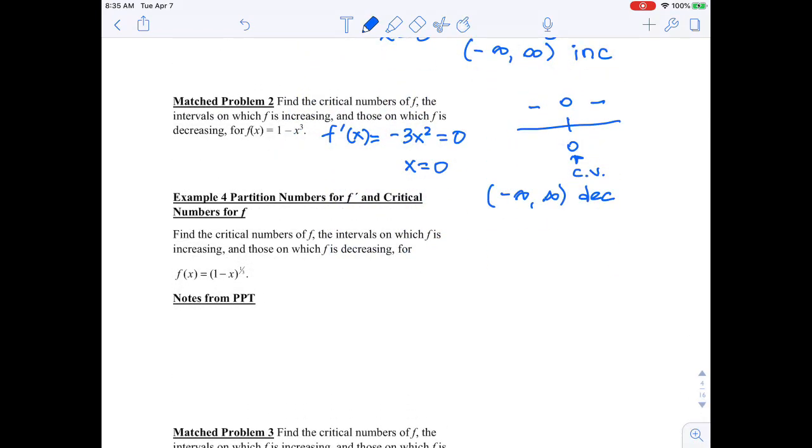Okay, example 4. Find the critical numbers of f, the intervals on which f is increasing and those on which f is decreasing. So we need to take the derivative. Let's first look at the domain. The domain is all real numbers, because it is a third root, so we can have negatives. So let's find the first derivative, and we have to do the chain rule.